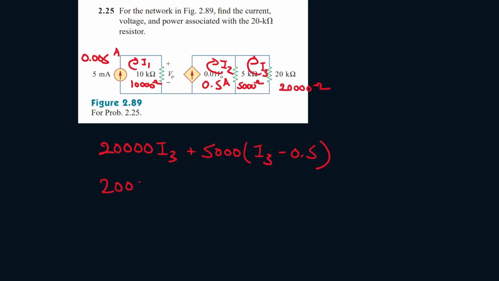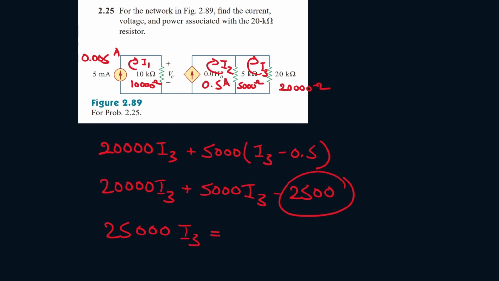So it'll be 20,000 I3 plus 5,000 I3 minus 25,000. We can add these two up, so it'll be 25,000 I3.